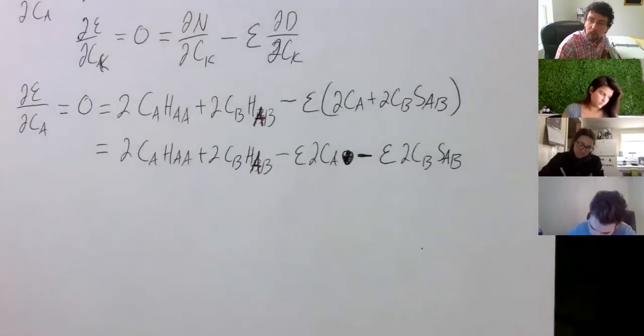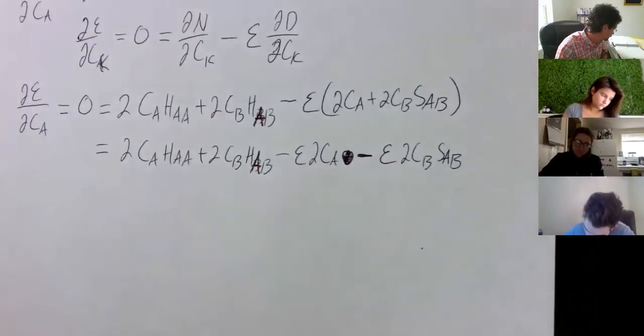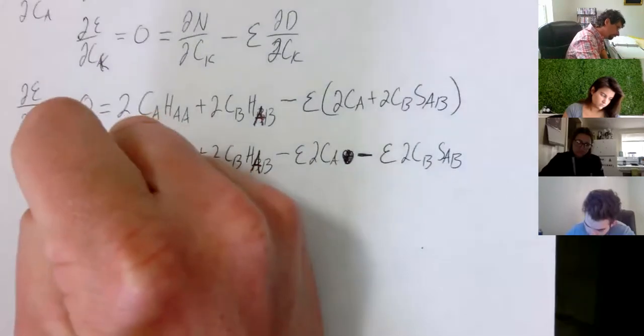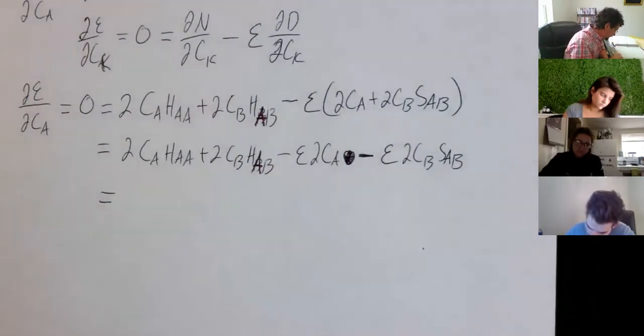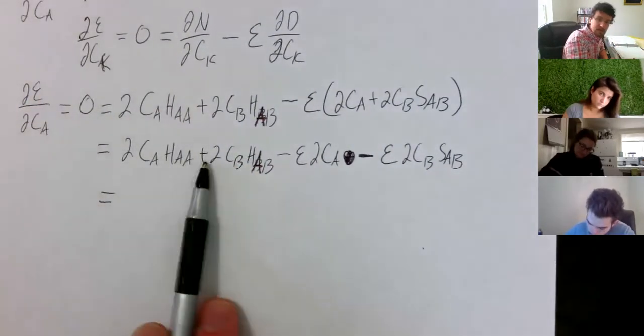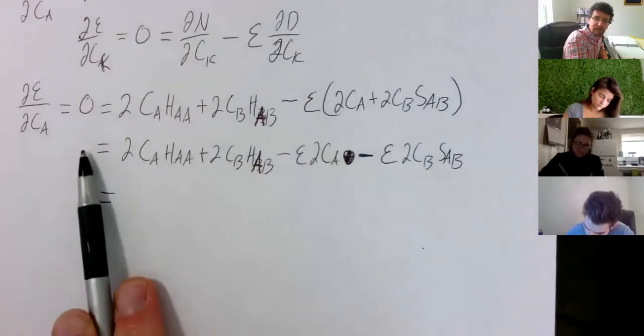Okay. What we're going to do now is we're going to group all the CA terms and all the CB terms together. Is there any other way you could make this a little bit easier, knowing that this is equal to 0?